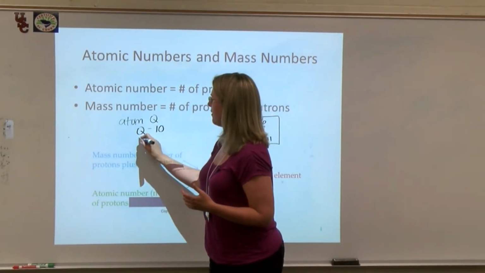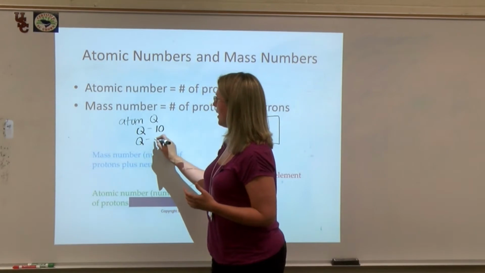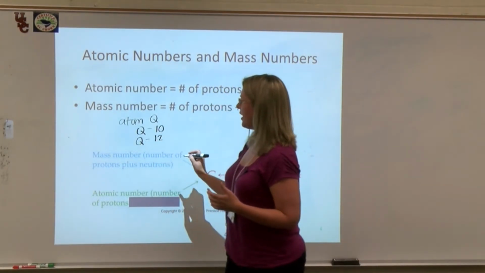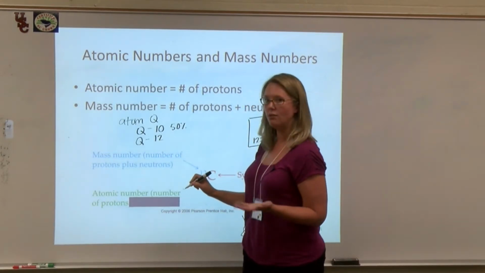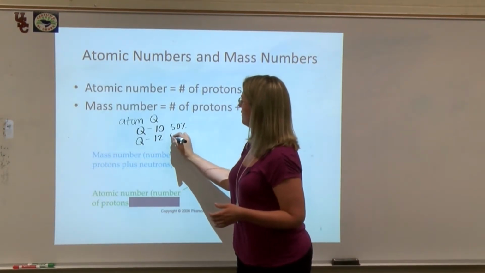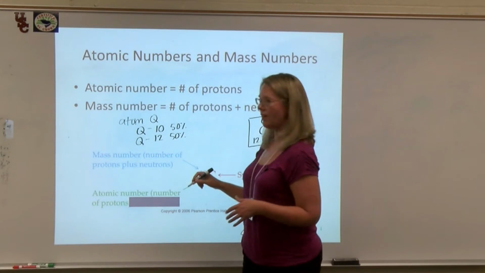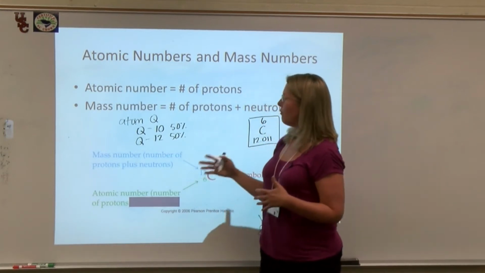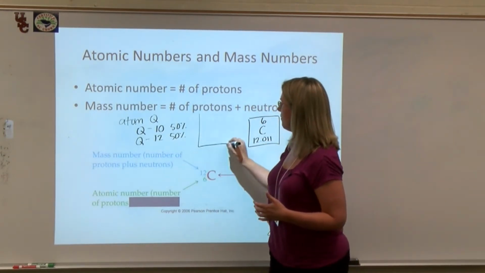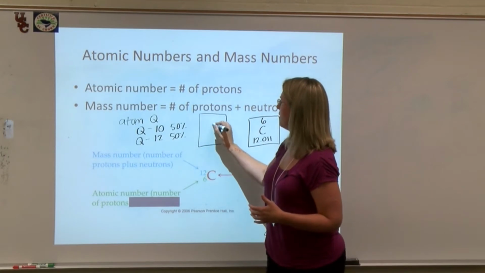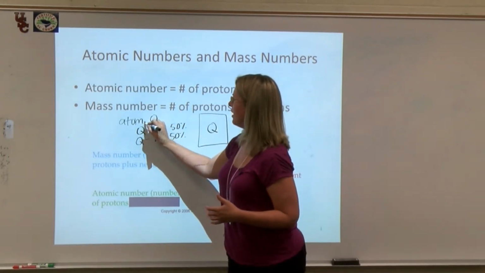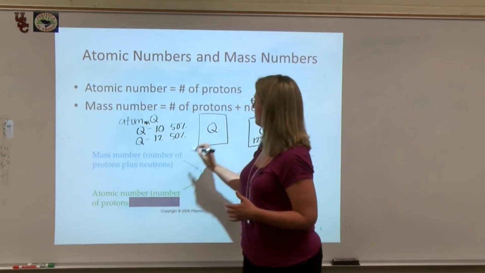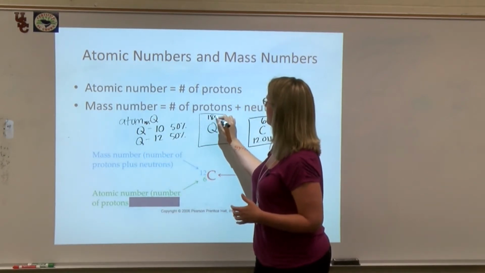Let's say atom Q has one isotope that's Q10, okay, and the other isotope is Q12, okay, and let's say 50% are the Q10 isotope and 50% are the Q12 isotope. So when we would see our Q symbol on the periodic table, and let's say Q has an atomic number of 185, just to make up something, okay?